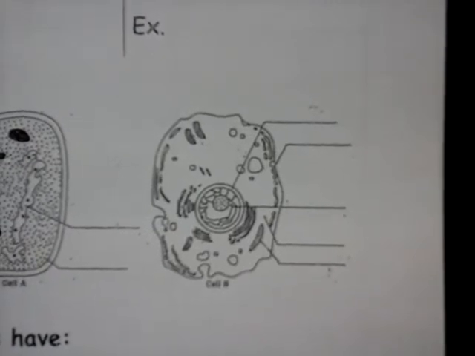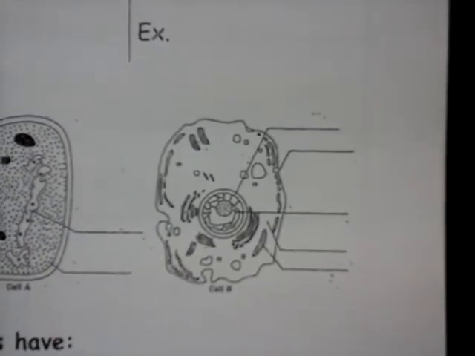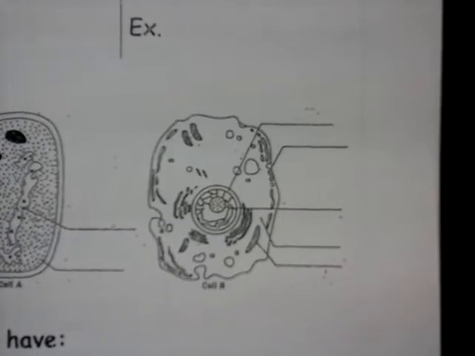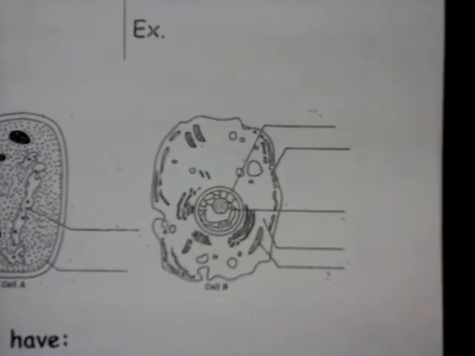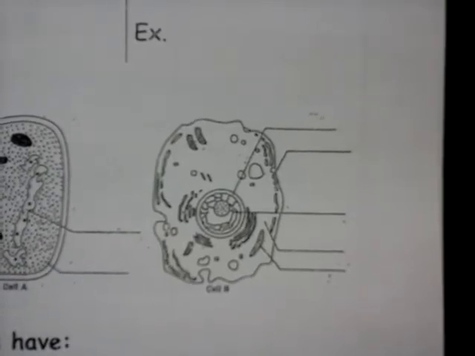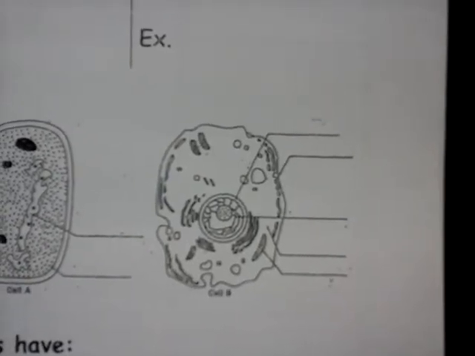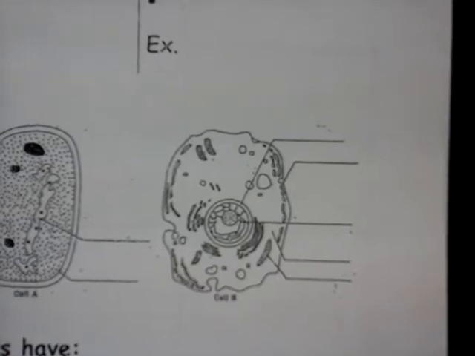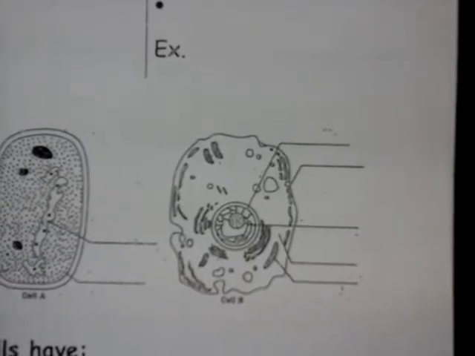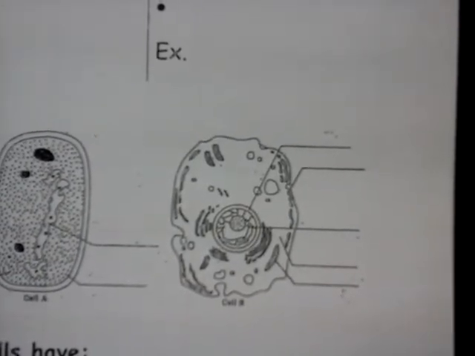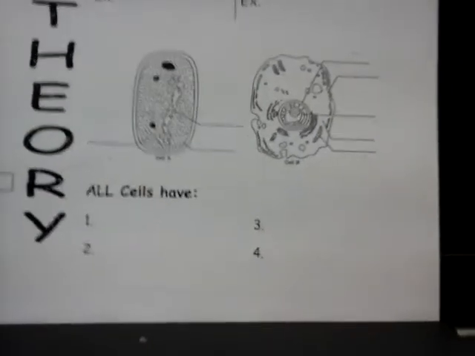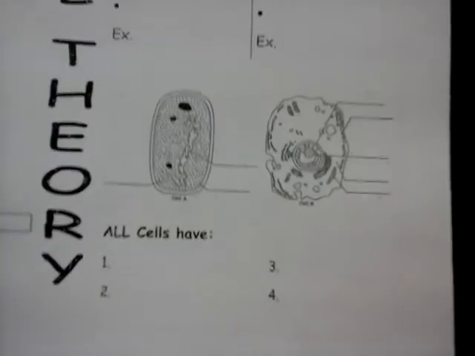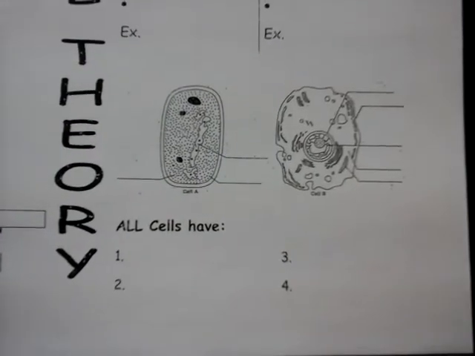The fourth line is pointing to the polka dot, which is the ribosome. And the last line there is pointing to something called the mitochondria. Mito, M-I-T-O, and then chondria, C-H-O-N-D-R-I-A.